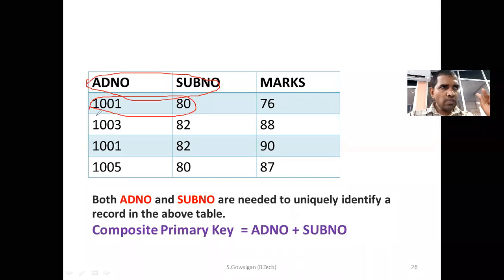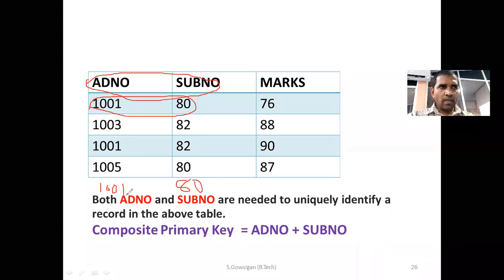So now my first data is 100180. So tell me, will this data be repeated? Does my table have another record as 100180? Is it possible? Use your brain, use your intelligence. Is it possible? Will it be repeated?